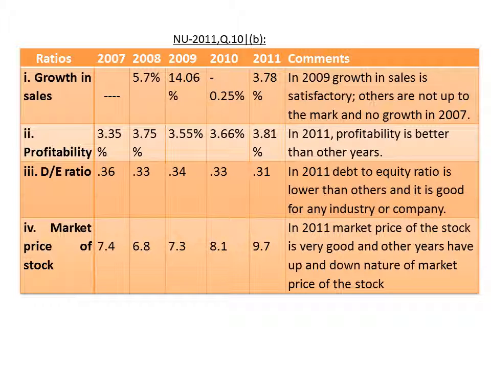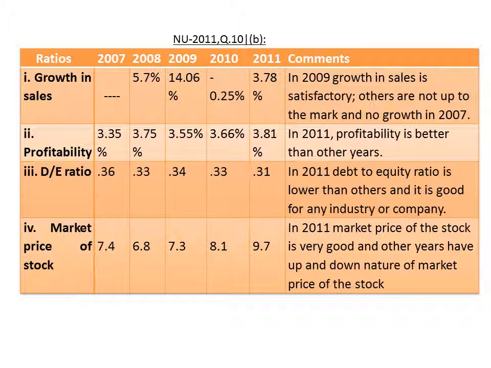Here in 2007 growth in sales is 0. That means when we calculate growth in sales, it is current year sales minus base year sales divided by base year sales. The current year is 2007 but there is no base year, so the growth in sales in 2007 is 0.